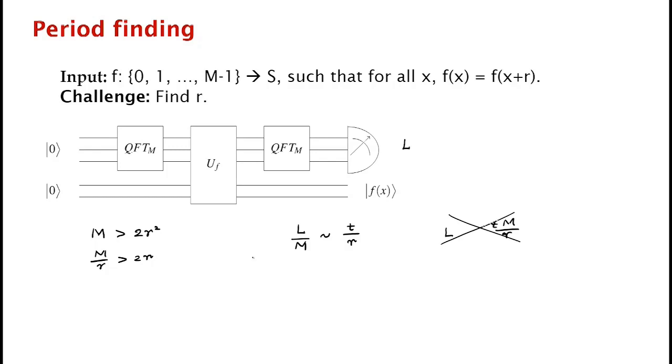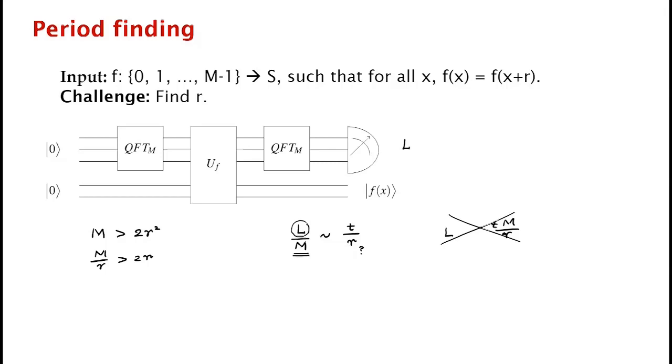But now what do we get out of this? What do we know here? This was the output of the algorithm. m we know. This we'd like to know. And t is just an unknown. So how do we figure out both t and r, or at least r, given L and m?